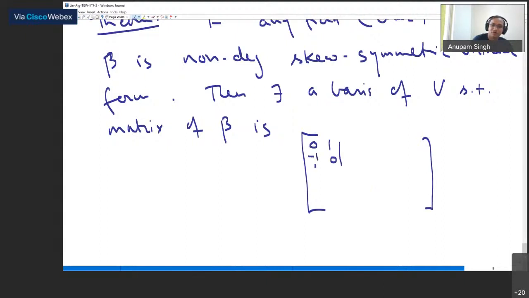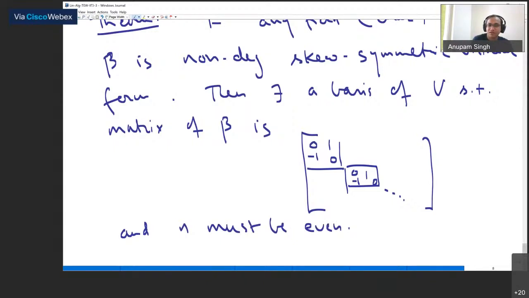So it is a block of 2 by 2 blocks of this kind, 0, 1, -1, 0, and so on. And it forces the dimension n to be even. Beta is this, and n must be even.